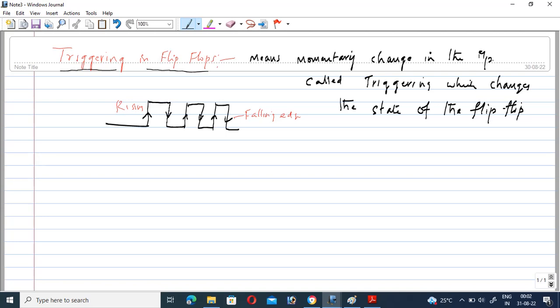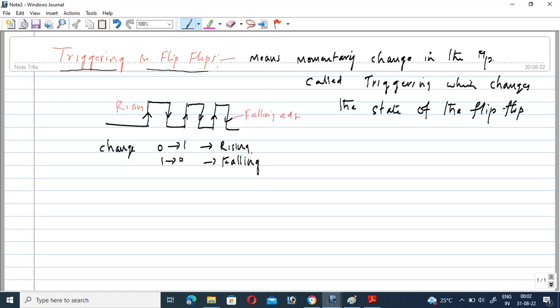This momentary change may be from 0 to 1 or 1 to 0. 0 to 1 means it is rising, and 1 to 0 is falling. This is generally called triggering.